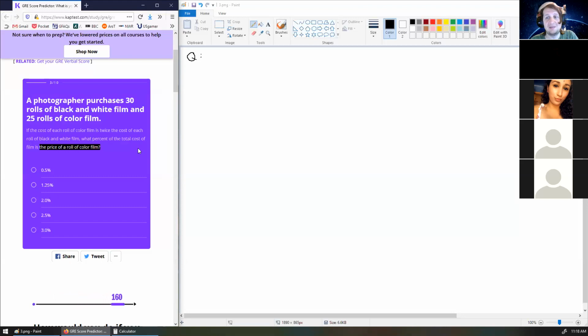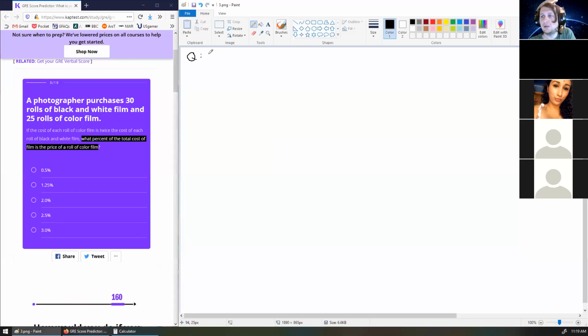So it's the same as the fruit trees. The total dollar cost doesn't matter. We don't care how much money the person spent on film. We only care about treating the total order cost as 100% and finding what percent a single roll of color film is.